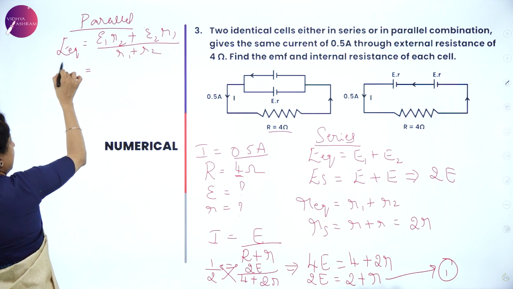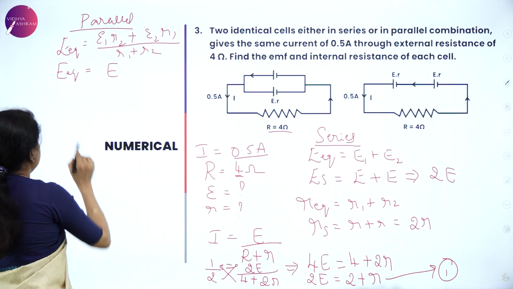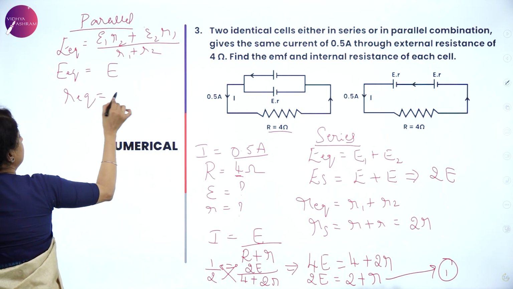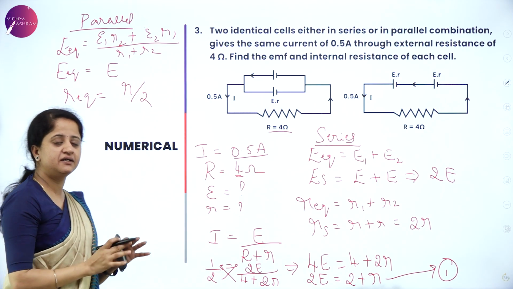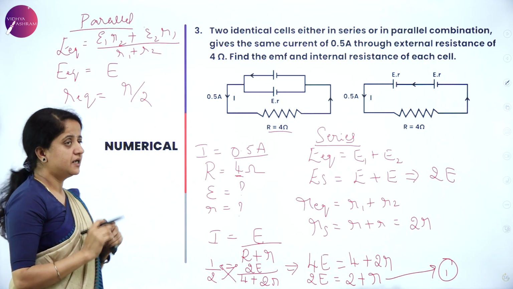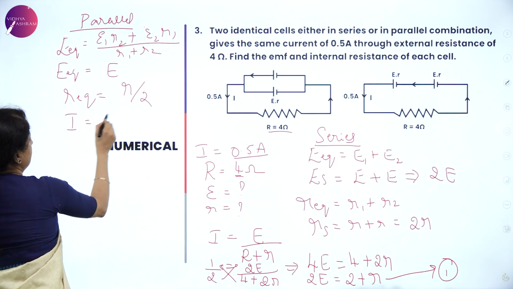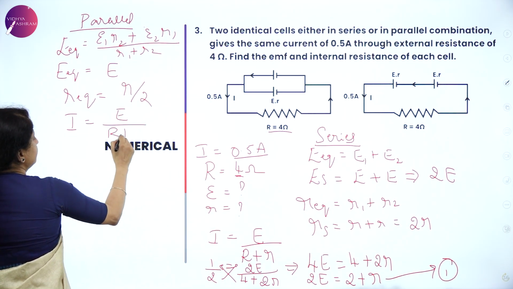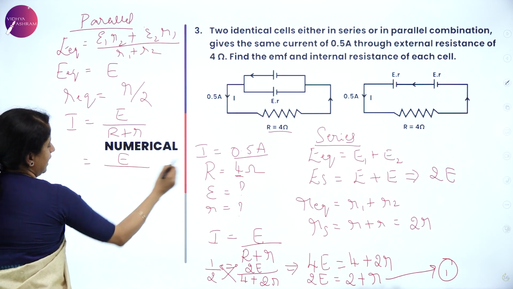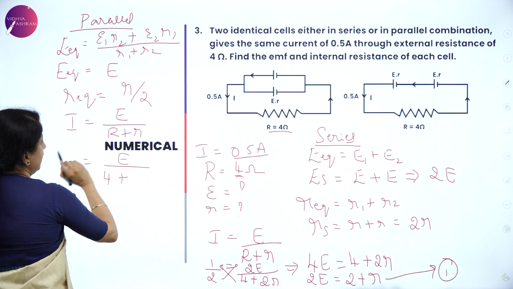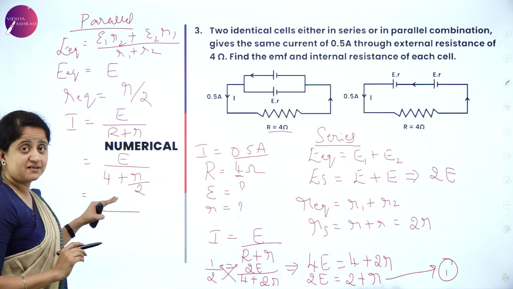Solving this, we get E equivalent is equal to E. Similarly, r equivalent is equal to r divided by 2 for parallel combination when identical cells are connected. Now let us write the same formula for current, that is I is equal to E divided by R plus r. Now our E is E itself and R is 4, and the small r, the internal resistance, is r divided by 2. So let's take the LCM in the denominator.